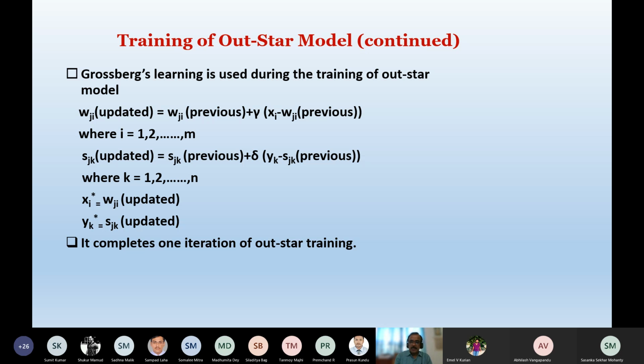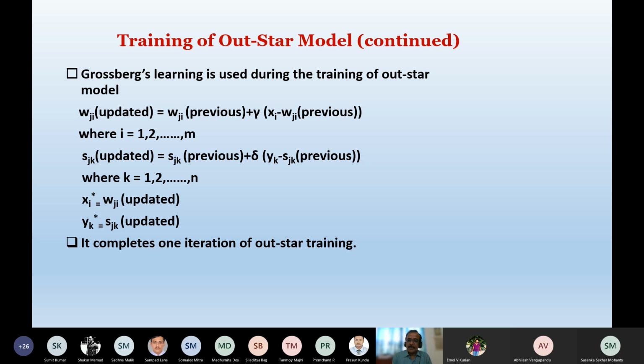This process of updating will go on, and ultimately we'll get Xi star as WJI updated, and YK star as SJK updated, and it completes one iteration of your outstar training.